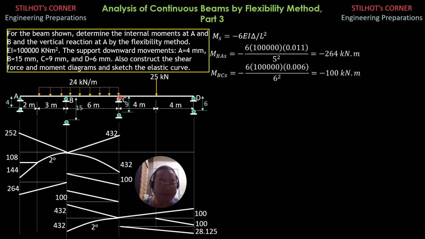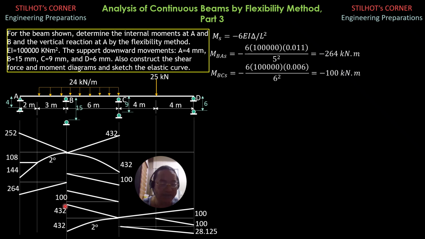Likewise, for CB, if we make C our reference, C to B, it is now positive 100 because B is below the reference at C, by 6 mm. So in the formula, negative 6 times 100,000 times negative 0.006 over 6 squared.